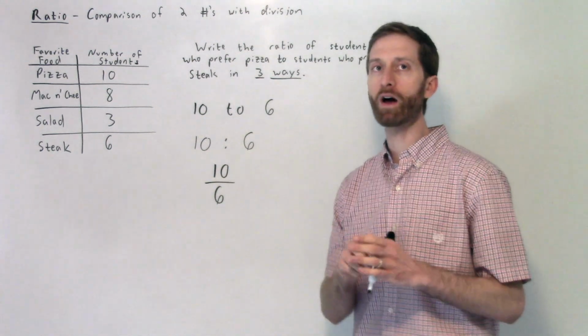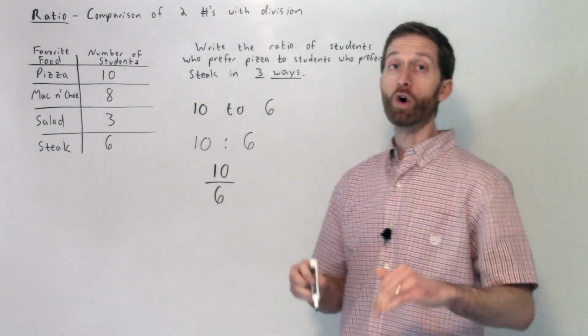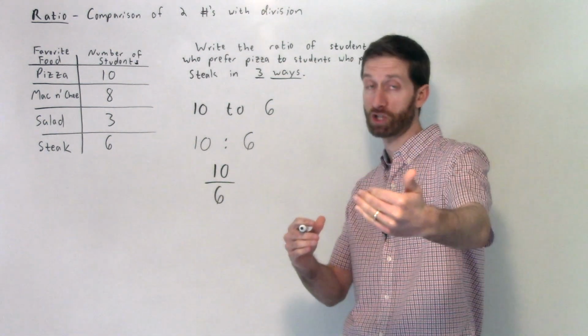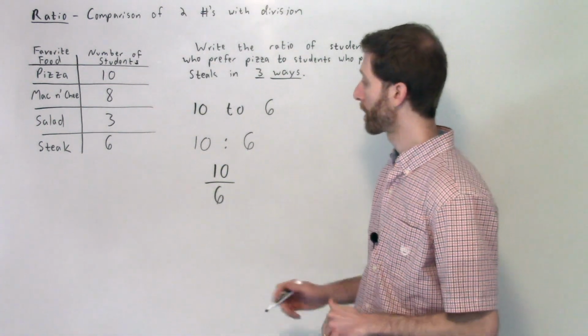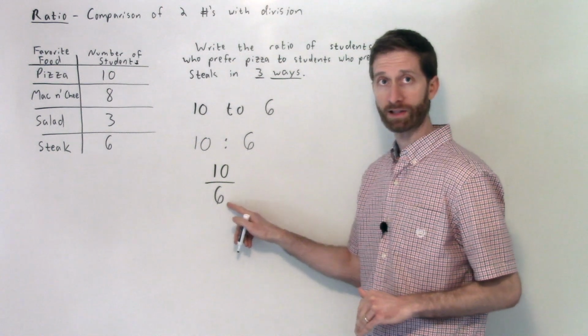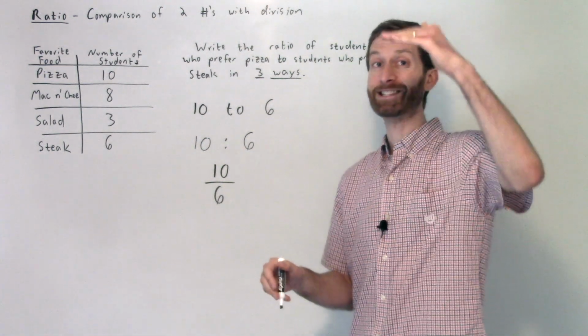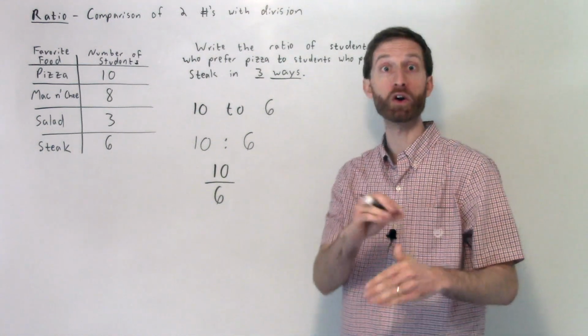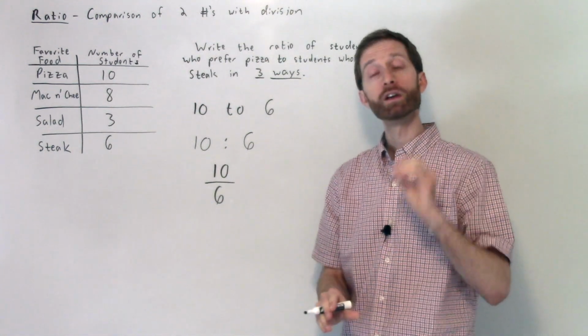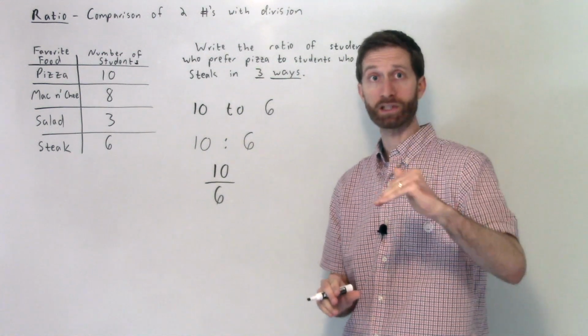Now I need to point out one misconception that a lot of people often have with ratios. 10 to 6, we're always saying that there's 10 parts of whatever we're measuring compared to 6 parts of something else. Or it could be 10 parts to 6 parts of the same thing.